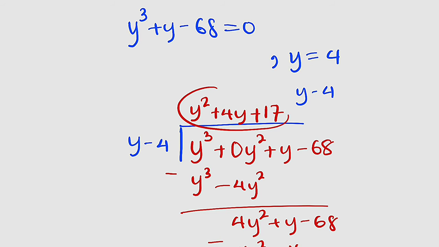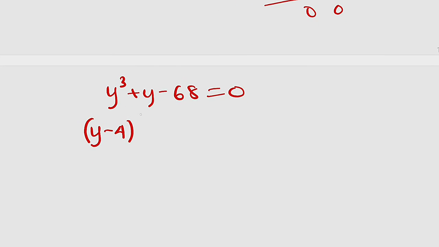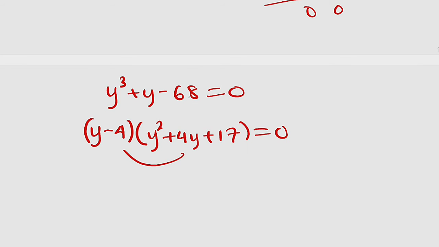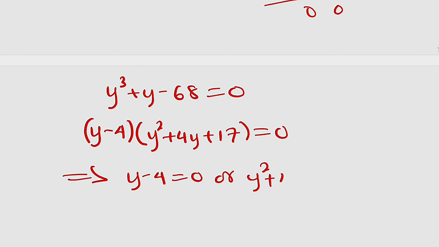Then the second factor will be this one, y squared plus 4y plus 17 equals 0. Once you multiply these two, you have to get this back. All right, it implies that either y minus 4 equals 0 or y squared plus 4y plus 17 equals 0.